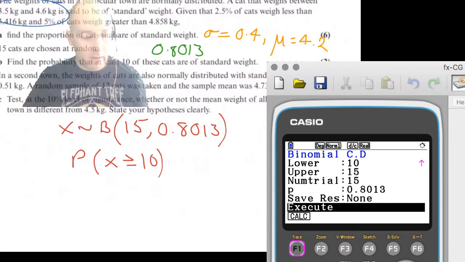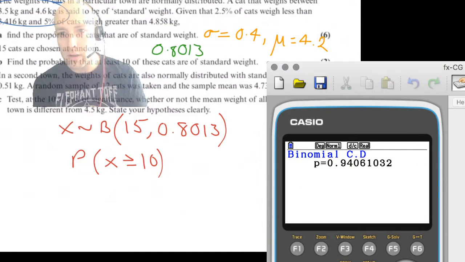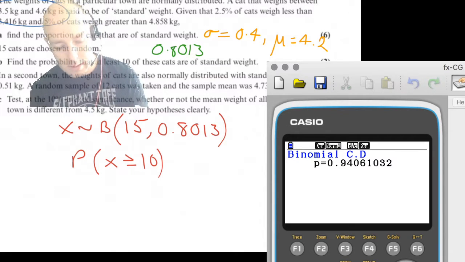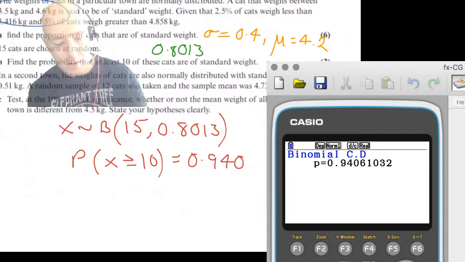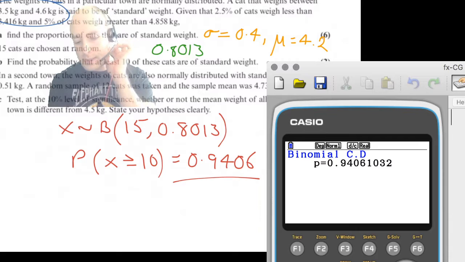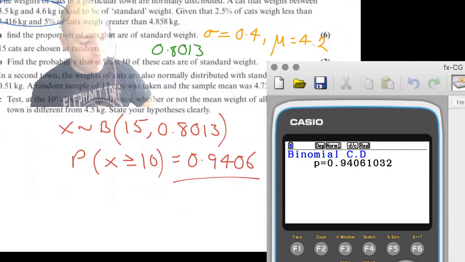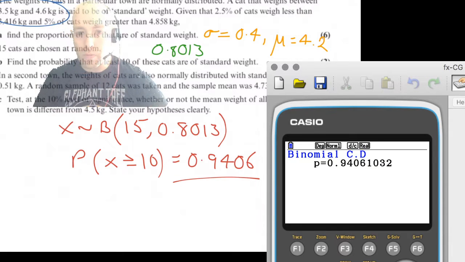Execute, and then we get 0.9406. So that's the probability at least 10 of the cats are of standard weight. Cool. All right.